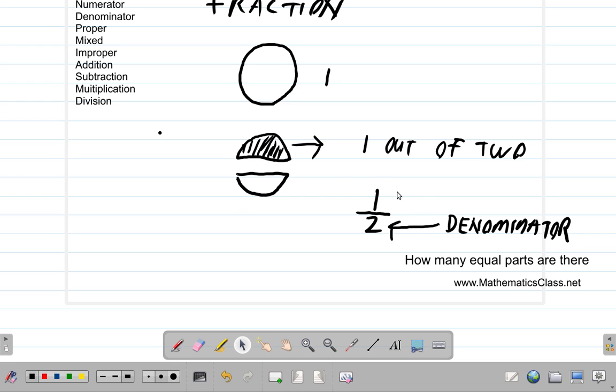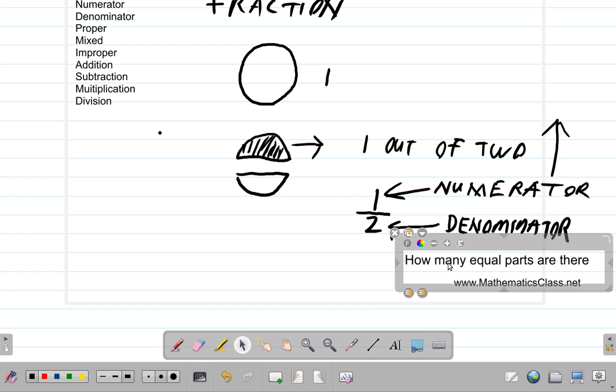Now, the numerator, N-U-M-E-R-A-T-O-R, numerator. What does that tell us?